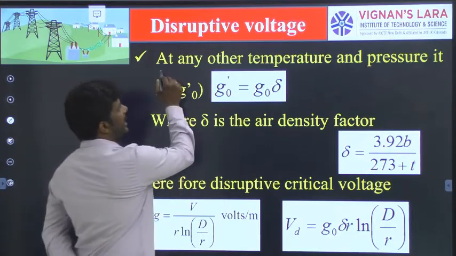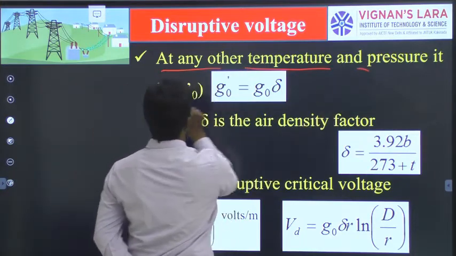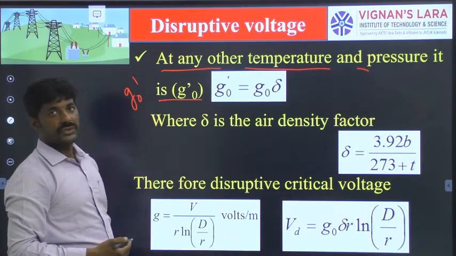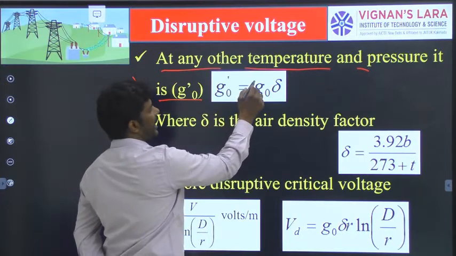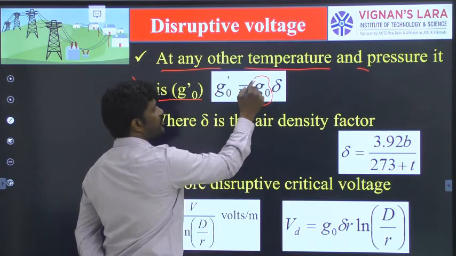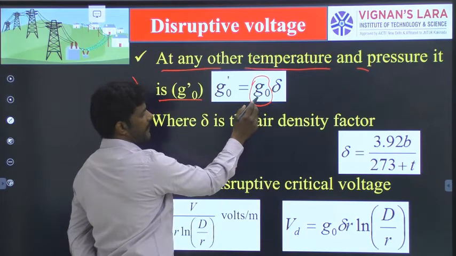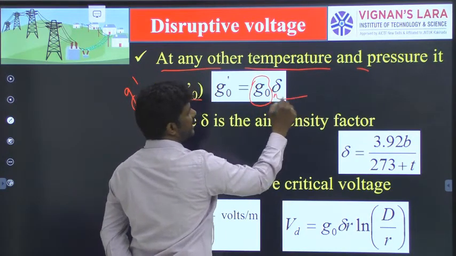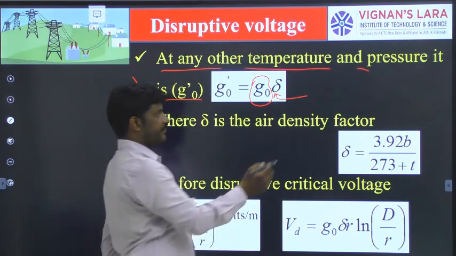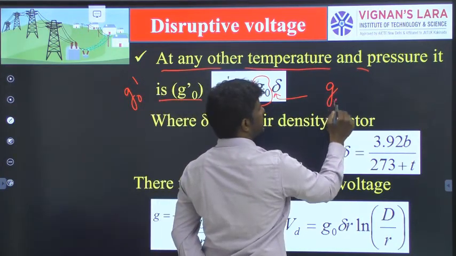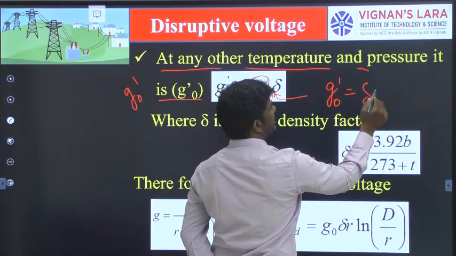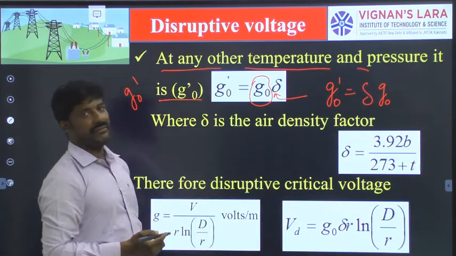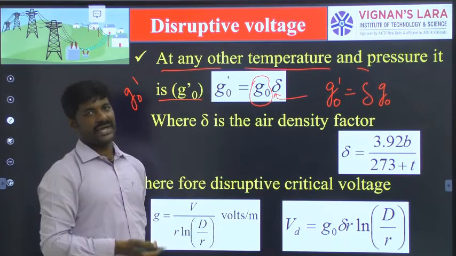At any other temperature and pressure, this is defined as G0'. G0' equals the breakdown strength of the air, 30 kV per cm peak value, multiplied by the air density factor delta. That is, G0' = delta times G0, where G0 is 21.21 kV per centimeter RMS value.